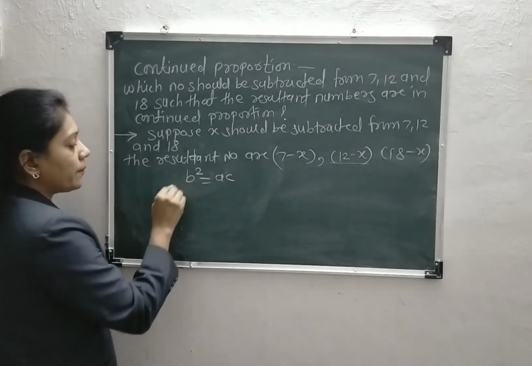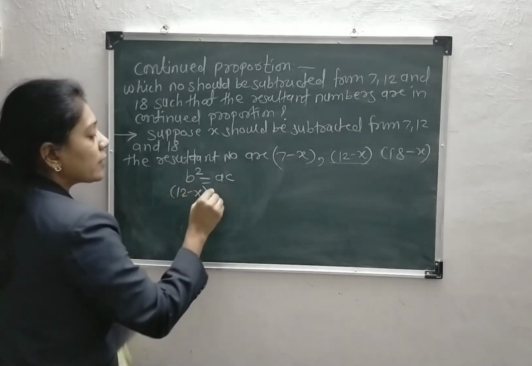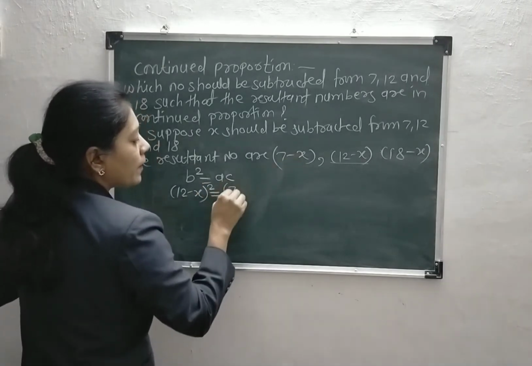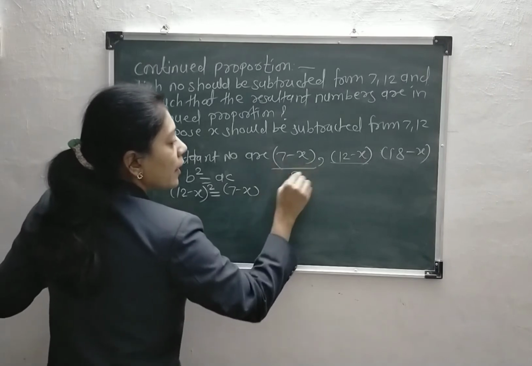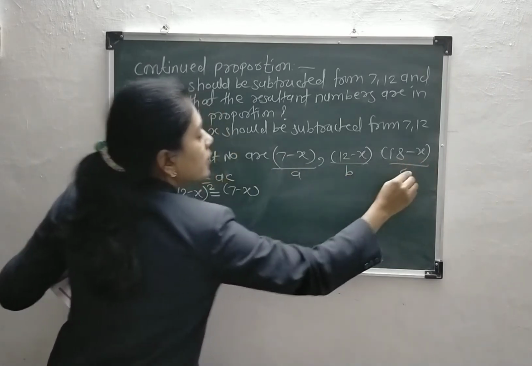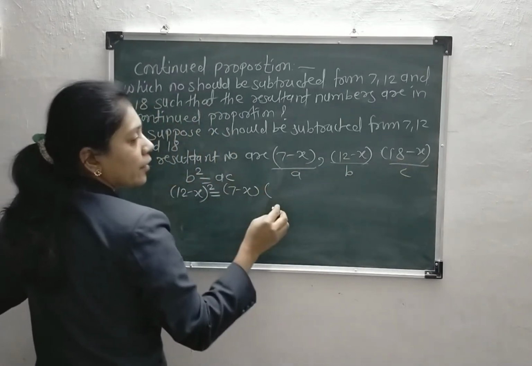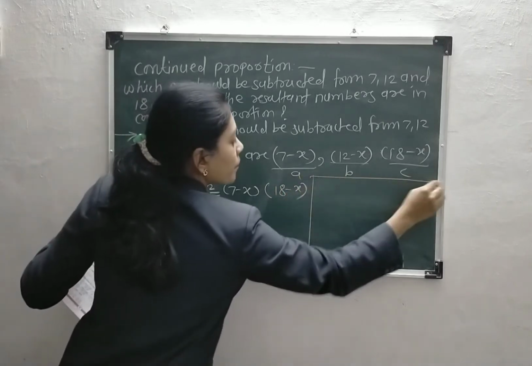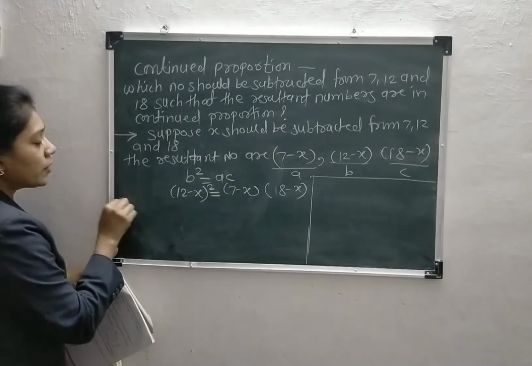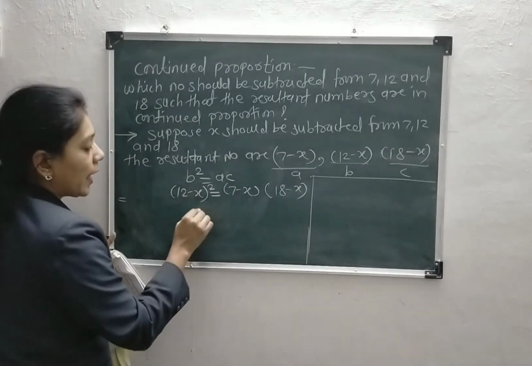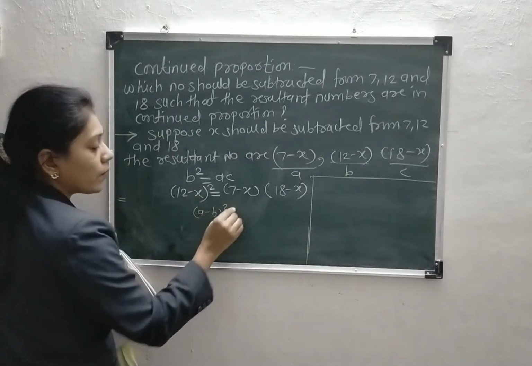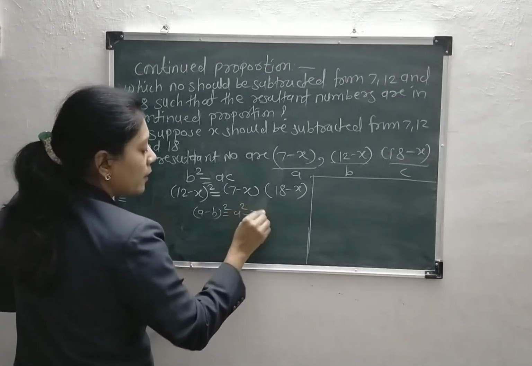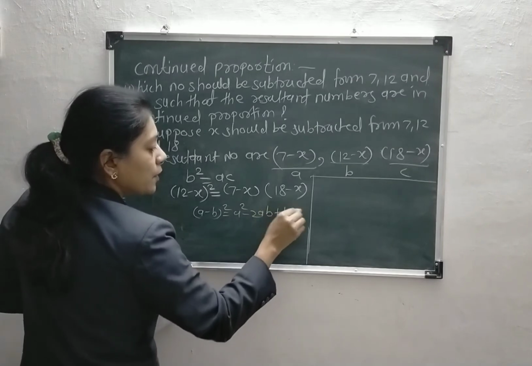So write (12 minus x) whole square is equal to A, which is 7 minus x, into C, which is 18 minus x. Then solve this. Square this. What is the expansion formula? (a minus b) whole square is a square minus 2ab plus b square.